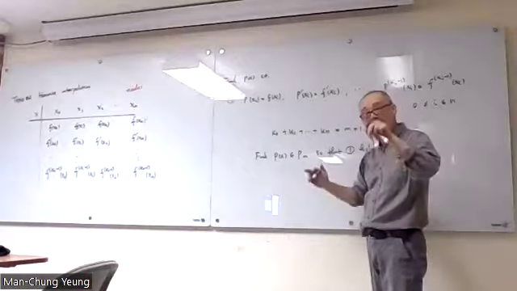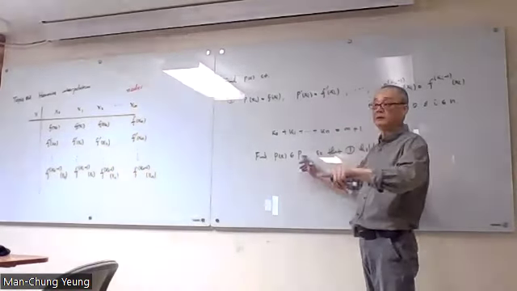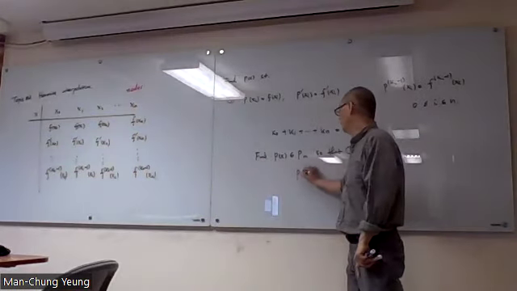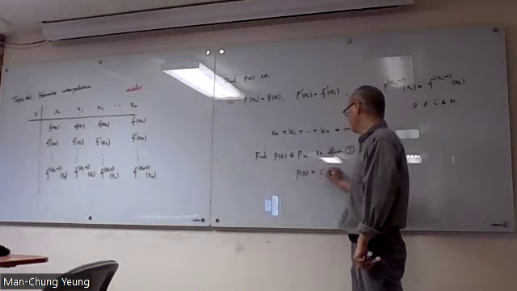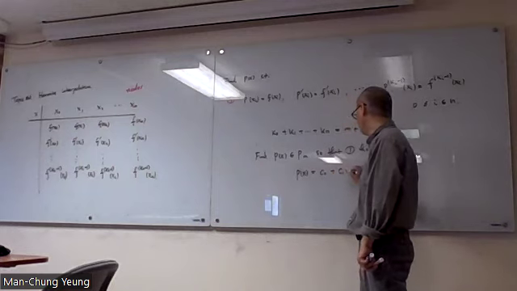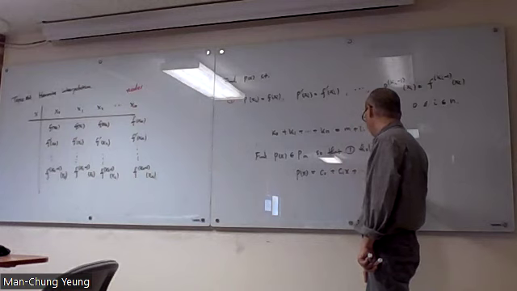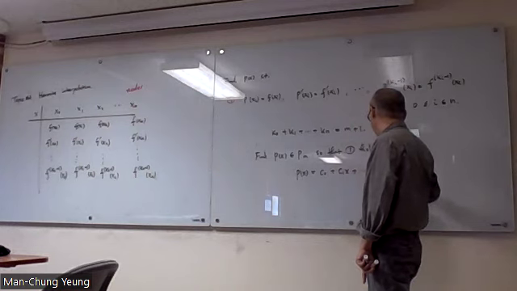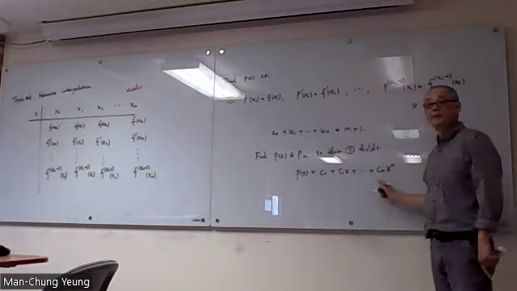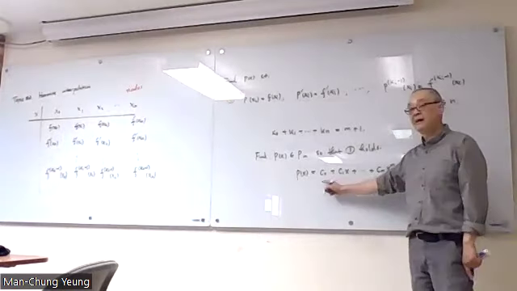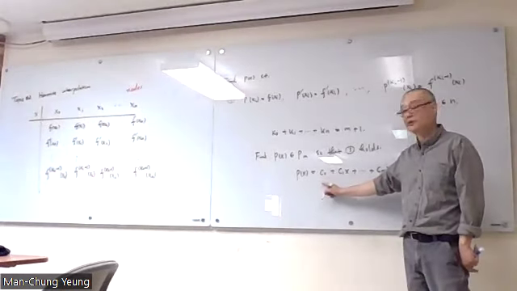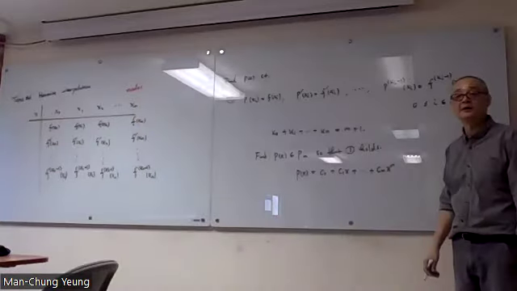A polynomial of degree m has m plus 1 coefficients: c0 plus c1 x plus up to cm x to the m. How many unknowns? M plus 1 unknown coefficients.